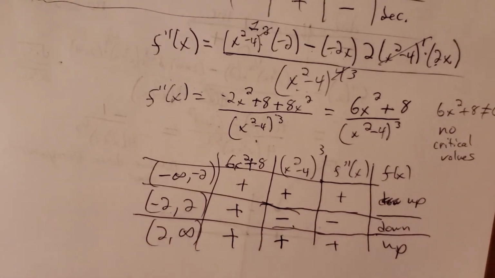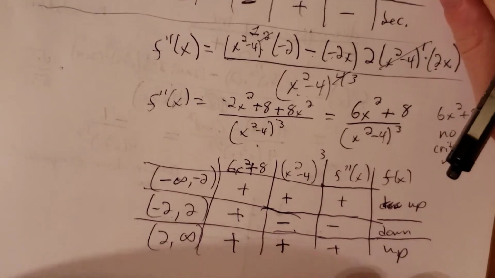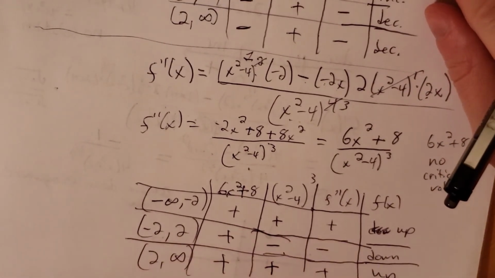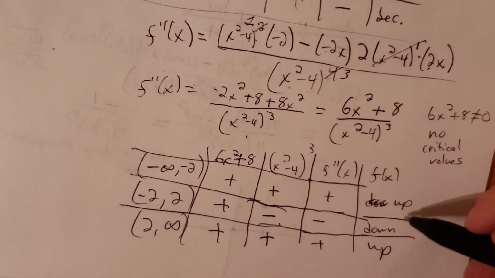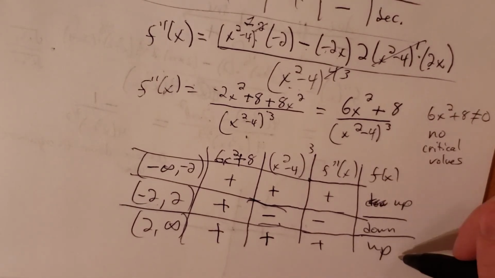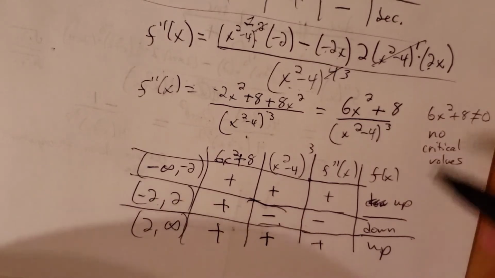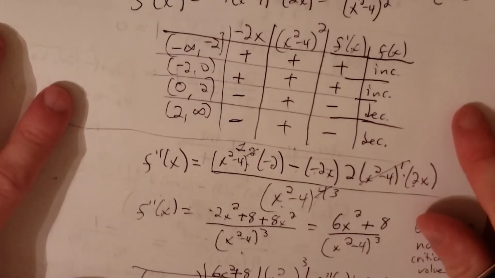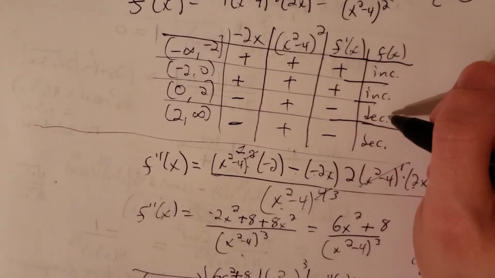All right. Now, if we go back up here, actually, real quick, we can talk about this. Even though we change from up to down and down to up here, there is no point of inflection because negative 2 and positive 2 are not in our domain. If we go up here, we did have one point where we switched from increasing to decreasing.